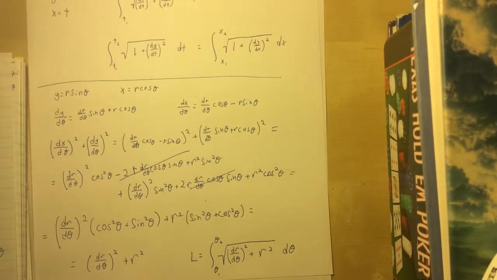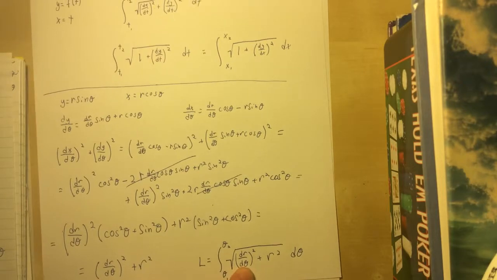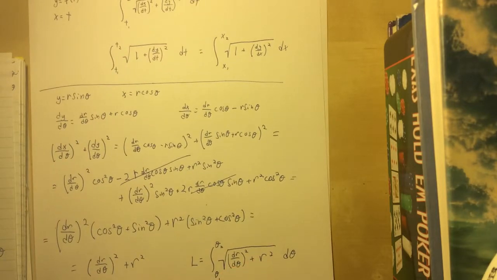So we take the integral from one angle to another of the square root of the derivative of our function squared plus our function squared.